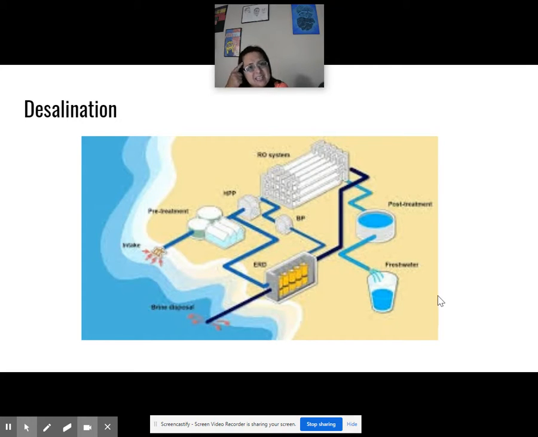And I need you to think, what would be the purpose for these? Obviously, humans are going to have access to drink it, but what else can this benefit? I need you to remember that this is a very expensive process, and so it's not as easily available as we would hope in some of these places that have droughts.